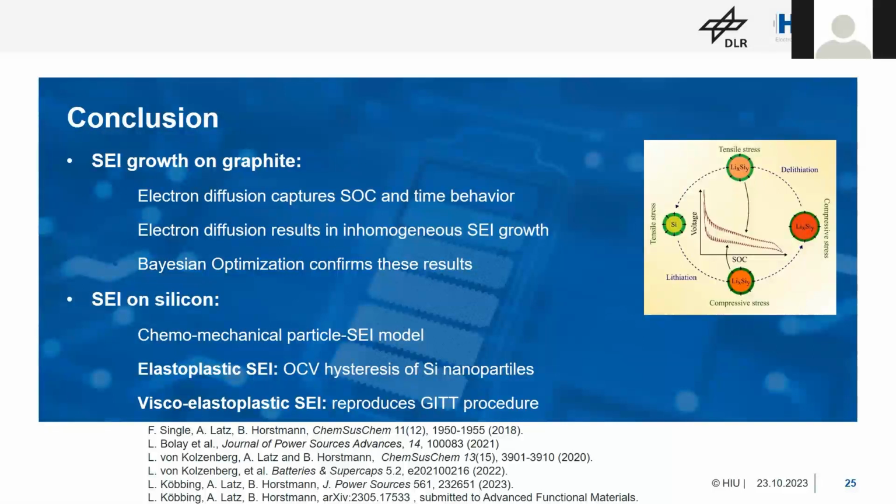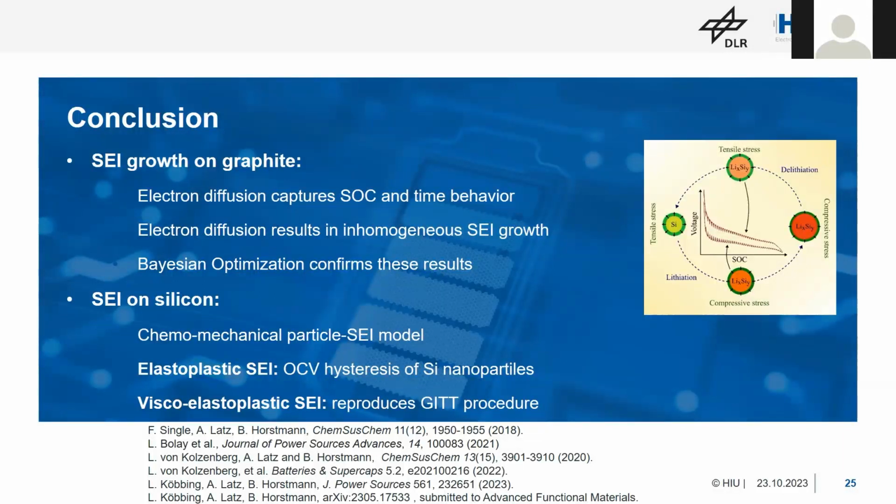I've shown you our SEI models on graphite, and I tried to show you our results that indicate that electron diffusion is very relevant here. And this also explains inhomogeneous SEI growth throughout our graphite electrodes. And we have used Bayesian optimization to find parameters and do model identification.